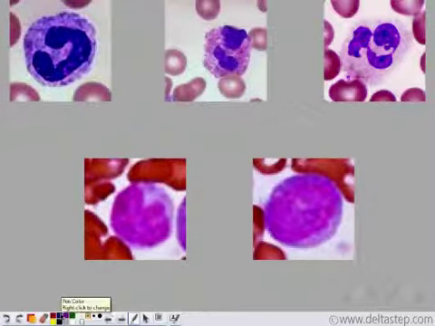What is this white blood cell known as? Well, it has an indistinctly lobed nucleus, so it is known as the basophil.